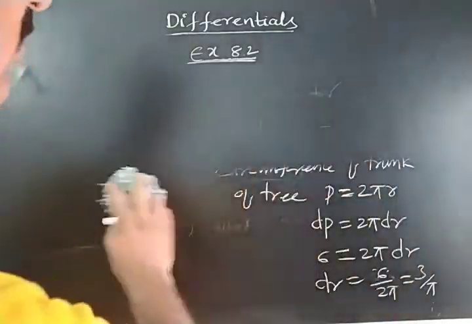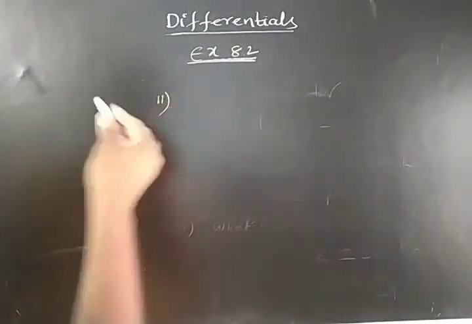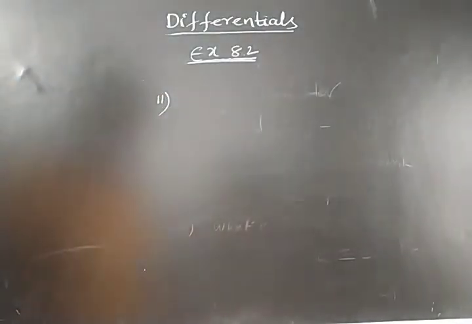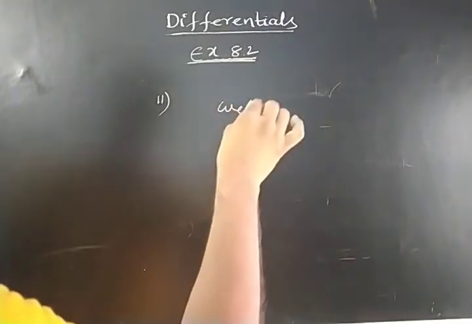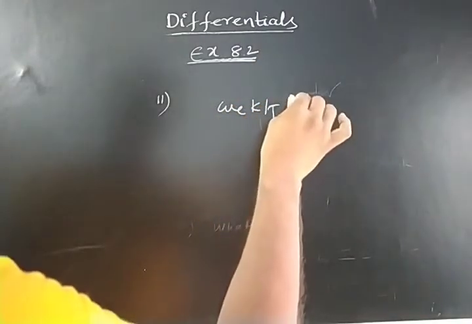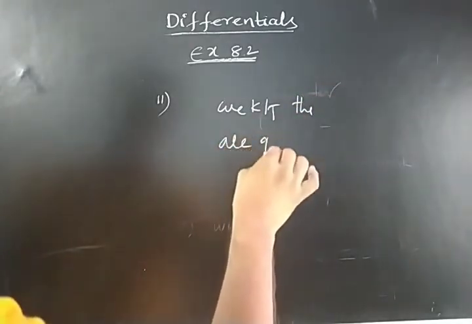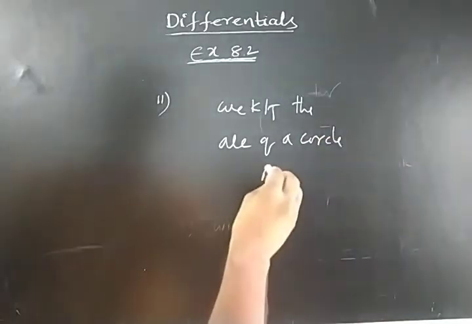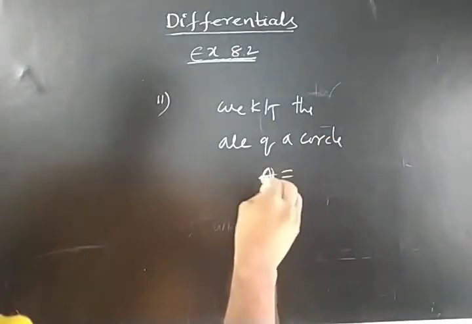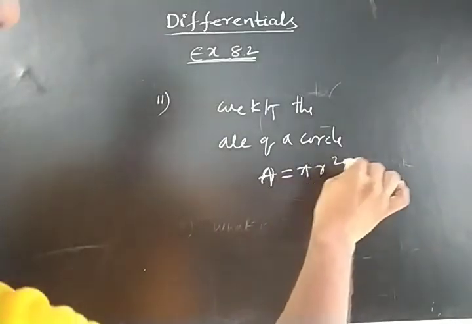Now the second question. What are we going to find in the second question? We are going to find the percentage increase in area. So we know the area of a circle. What is the area of a circle? The cross section is assumed to be a circle, so the area is pi r squared.